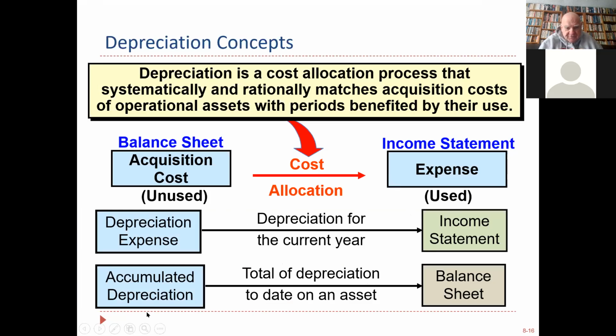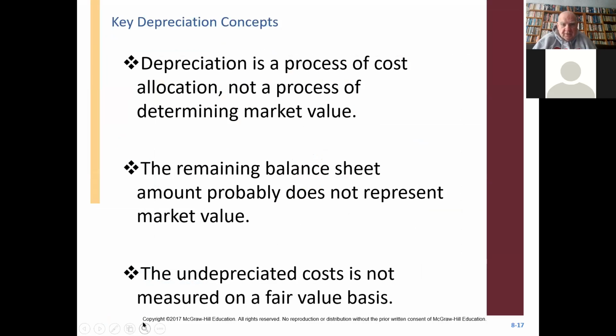It's an asset account with a credit balance, just like the allowance for doubtful accounts was a credit balance. It was an outlier. It was a contra. So that's what we have here. As you know, all contra accounts are married to another account. Accumulated depreciation is married to the equipment. The original cost of the equipment less accumulated depreciation equals your net book value.